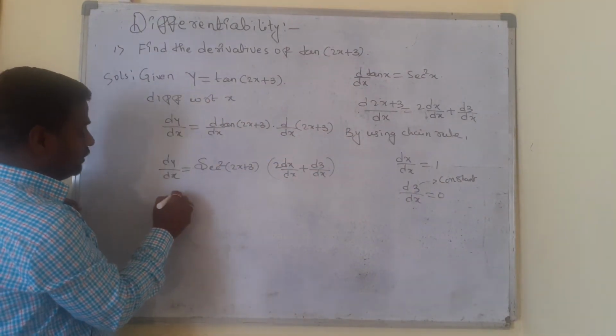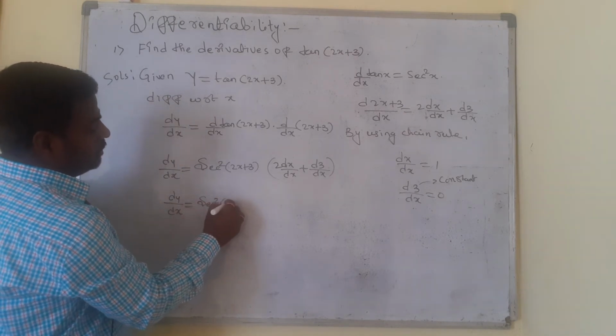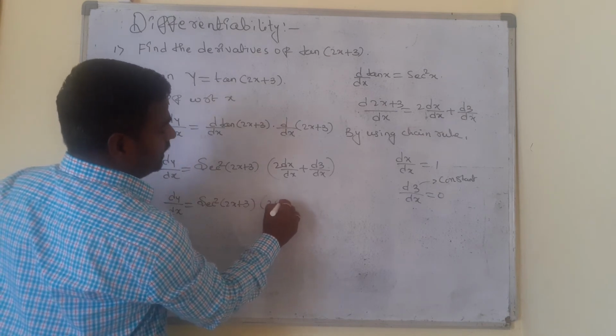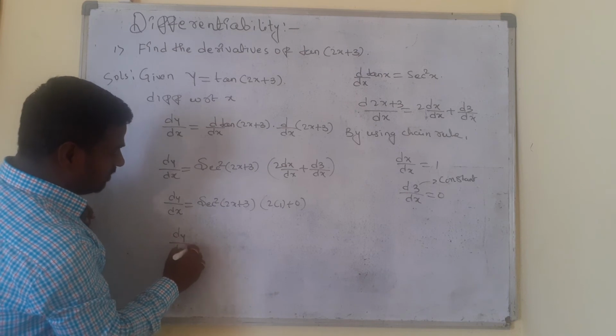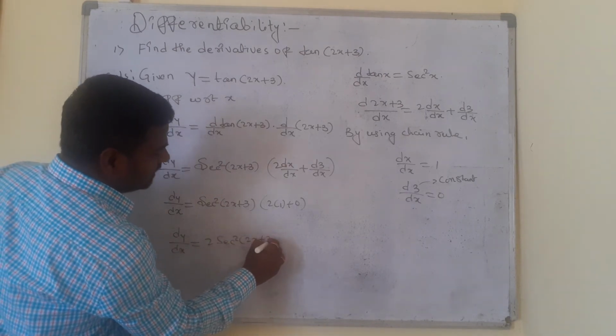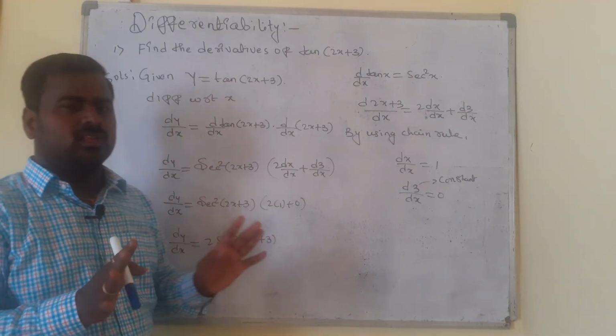Then you can write dy by dx equals sec square of 2x plus 3, times 2 into 1 plus 0. So finally dy by dx equals 2 sec square of 2x plus 3. One mark question, a direct step, there is no problem.